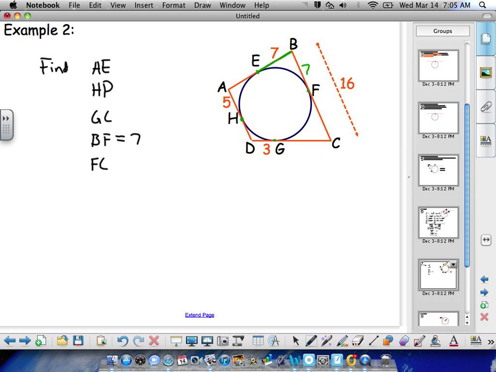Knowing that BC is 16 and BF is 7, FC must be 9. Now knowing that C is an external point and two segments from C are tangent to the circle, they must be congruent. FC must be congruent to CG. So CG must equal 9 also.